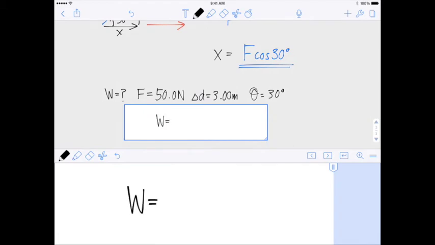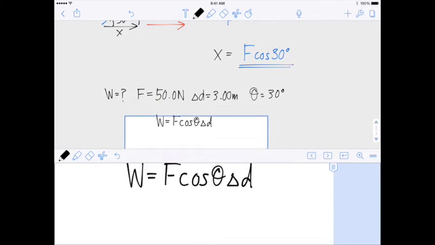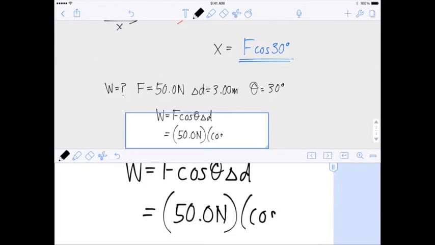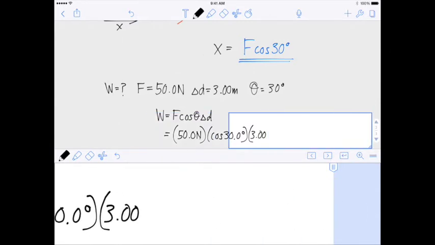We know the equation is F cos theta delta d, and we can sub and solve. So we have 50 newtons times the cos of 30 degrees times 3.00 meters.